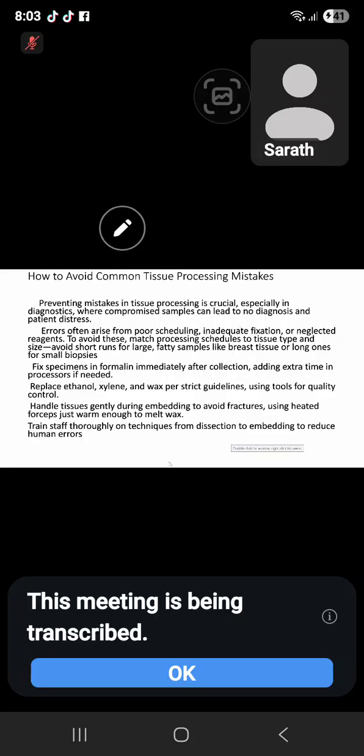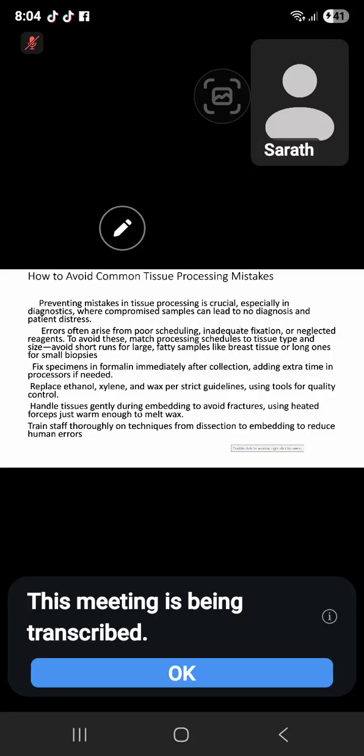adhere to that. Handle tissue gently during embedding to avoid fractures, using heated forceps just warm enough to melt the wax. Some people break the tissue by using heated forceps and other things during the embedding. There may be fractures in the tissue. So avoid fractures, as it will damage the tissue.